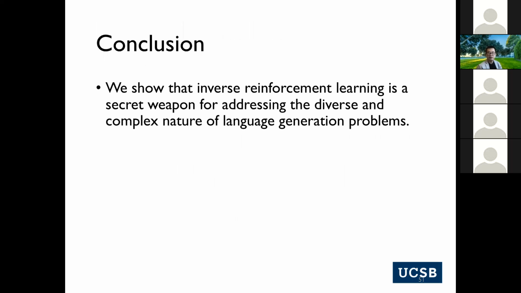So to conclude the presentation today, first of all, I talked about an inverse reinforcement learning strategy to think about these complex generation problems, where you can incorporate metric learning and policy learning all together in this generative process, and you can use Mechanical Turk and Turing tests to do the evaluation.